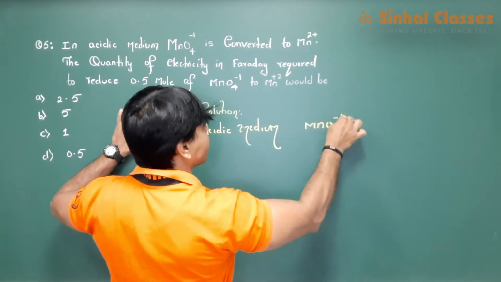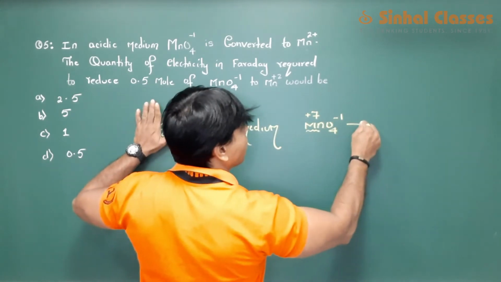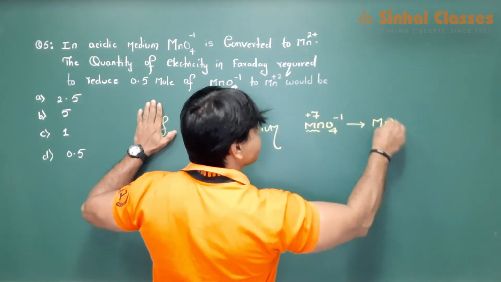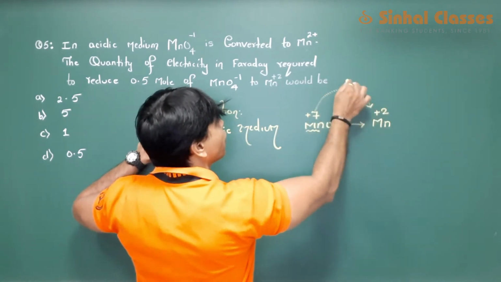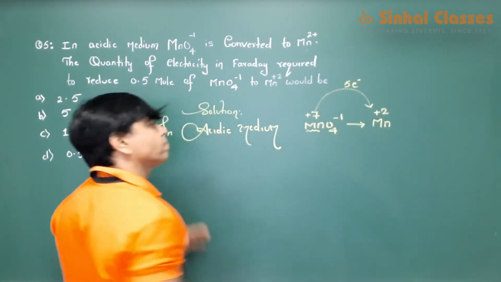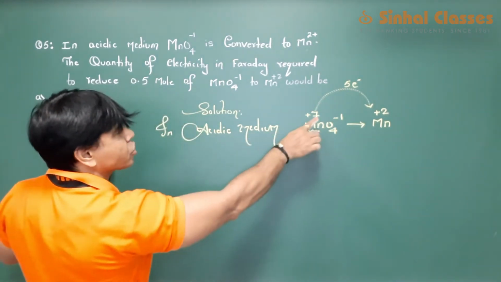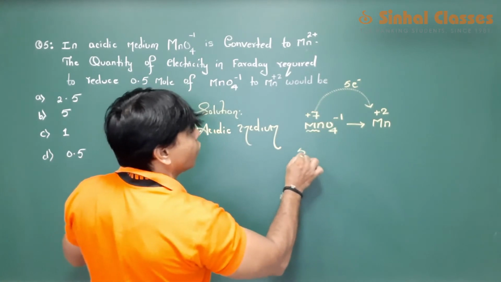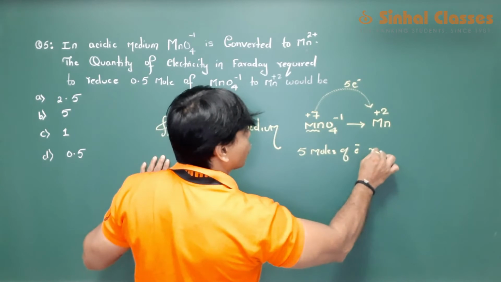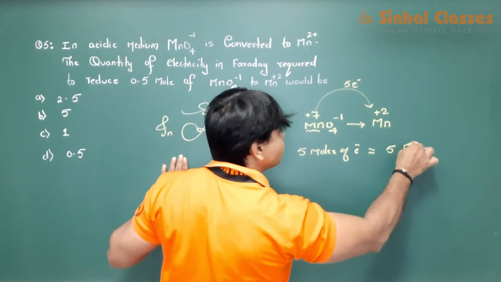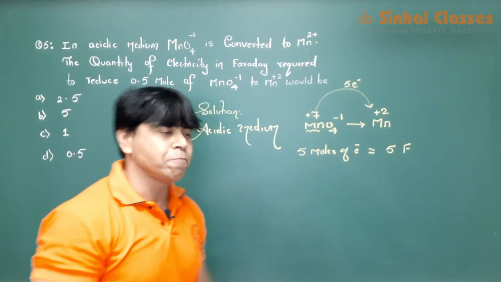MnO4 minus 1, Mn oxidation state is +7, and from +7 it changes to +2. So there is a difference of 5 electrons, 5 moles of electrons. 5 moles of electron corresponds to 5 Faraday. 5 moles of electron is nothing else but 5 Faraday.